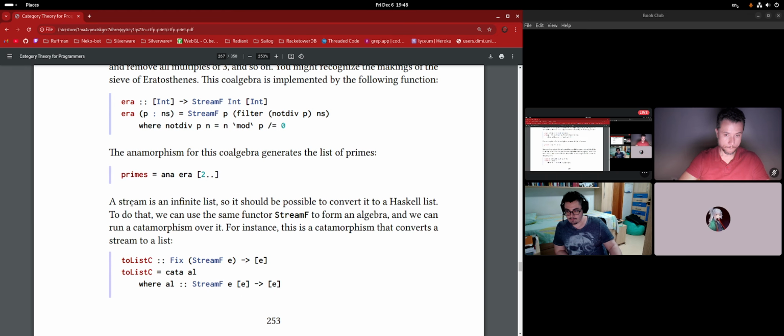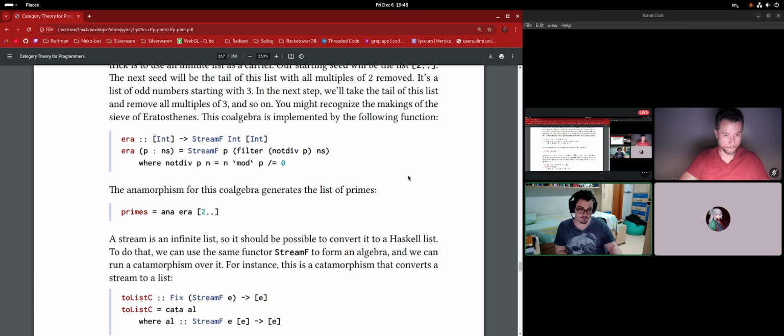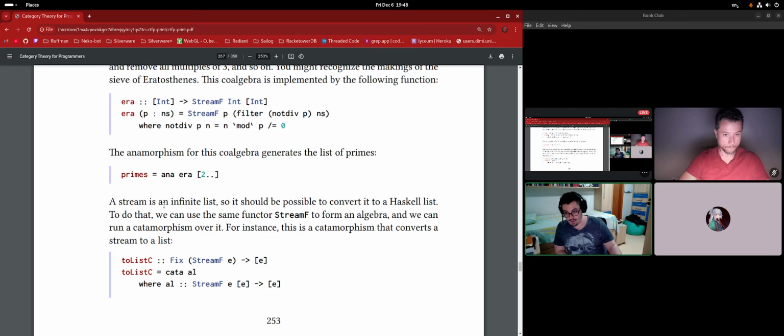And then a stream is an infinite list, so it should be possible to convert it to a Haskell list. So now we are basically doing a natural transformation, right? Because we are going from one functor to another one. To do that, we can use the functor StreamF to form an algebra, and we can run a catamorphism over it. For instance, this is a catamorphism that converts a stream to a list.